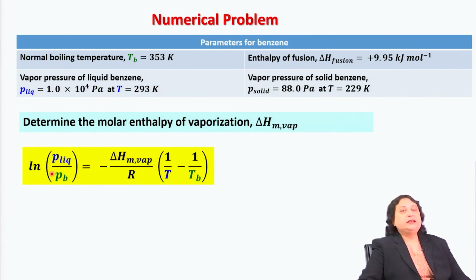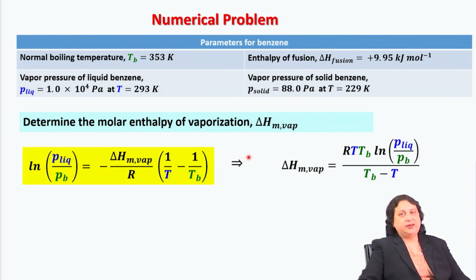I know that from the integrated form of the Clausius-Clapeyron equation, I can write this particular equation, and then I can plug in the values from here.